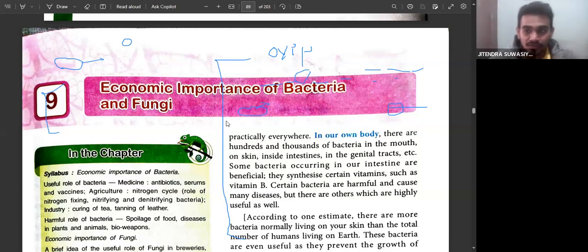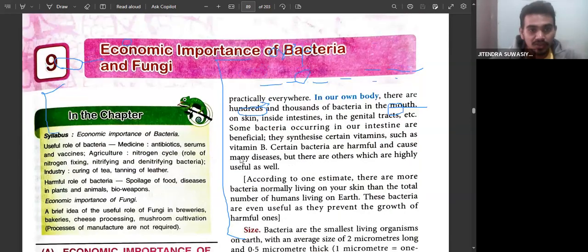Then we have pav, and yeast alcohol, that is vodka and whiskey. These are examples of byproducts of microbes. After fermentation we get this type of byproduct. So bacteria and fungi have a lot of economic importance.